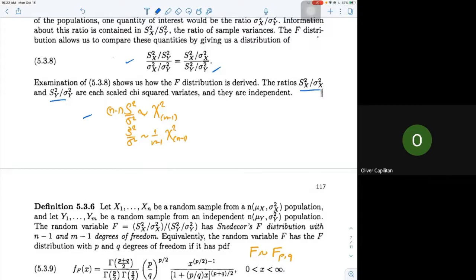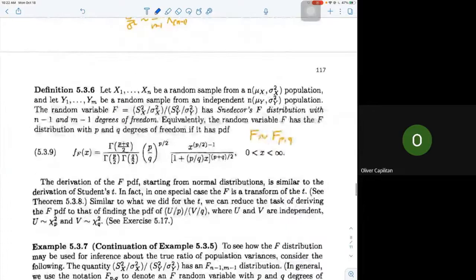So let's have this definition now. We have the random sample x sub 1 up to x sub n from a normal distribution with mean mu sub x and variance sigma sub x squared. We have also another random sample y sub 1 up to y sub m from a normal distribution with mean mu sub y and variance sigma sub y squared, in which these two random samples are independent.